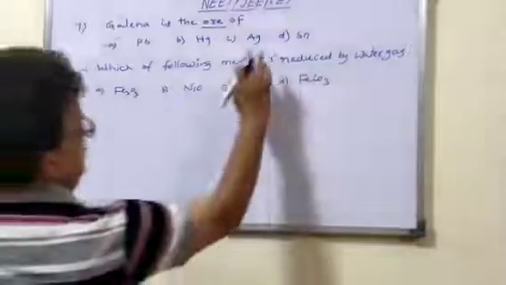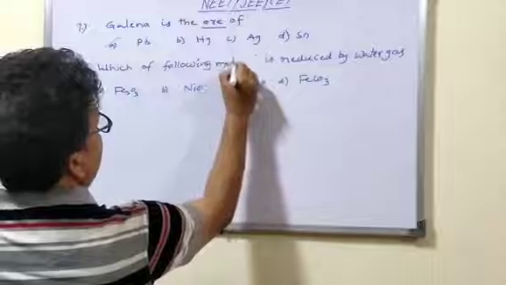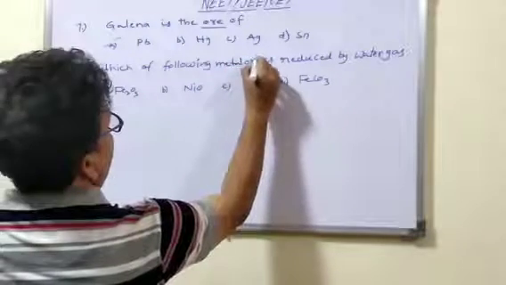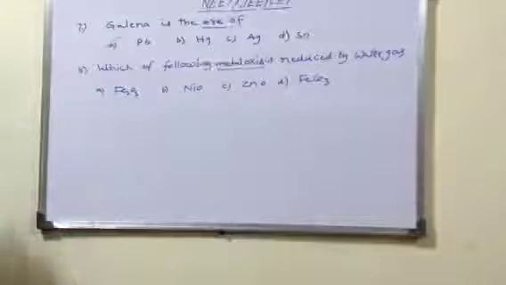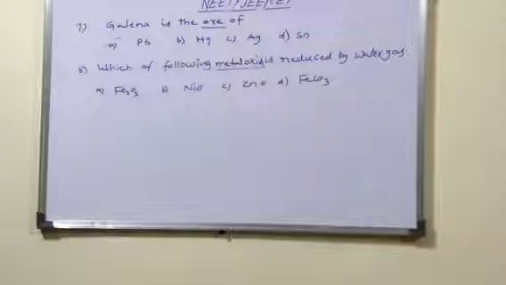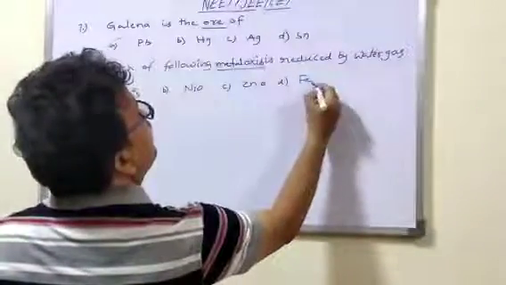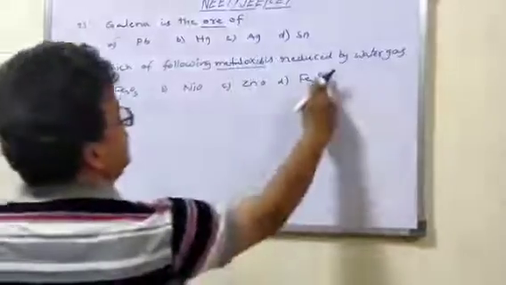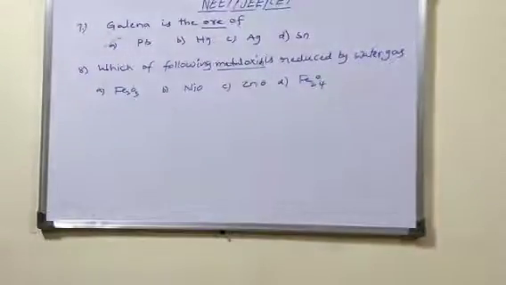Generally, this is a metal oxide. Which of the following metal oxides is reduced by water gas?